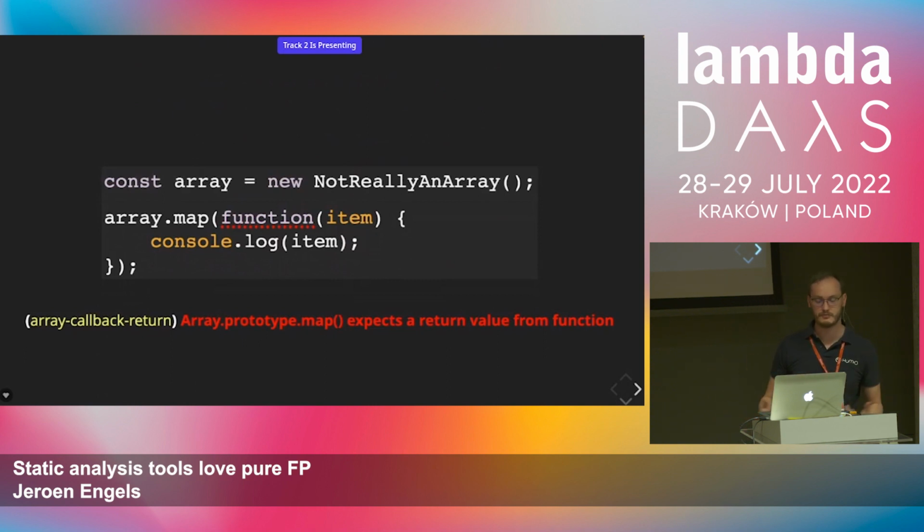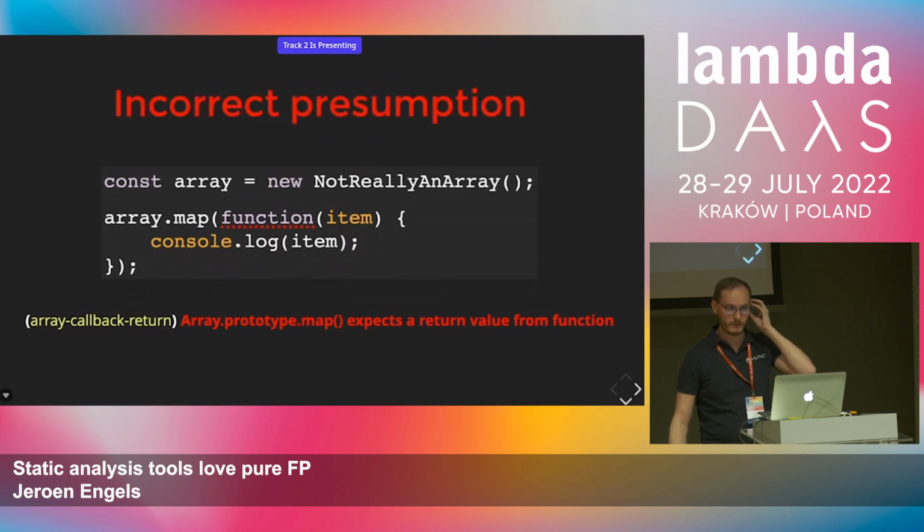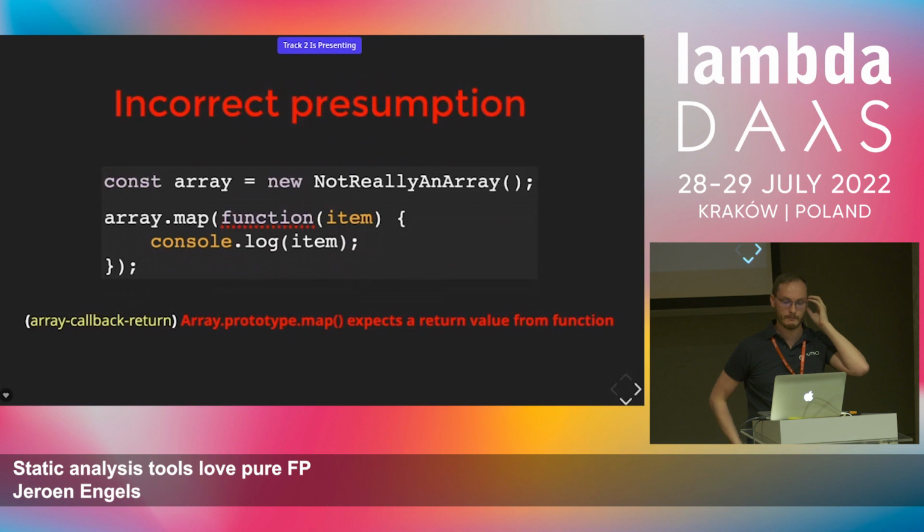Maybe it creates a map, which would be a good name, I'd say. So here, we made an incorrect presumption. Because we don't know what the type of array is, because JavaScript doesn't have type information. TypeScript kind of helps with that. But since we don't have that information, we're going to have to make presumptions, and in 99% of the cases, this is going to be true, this is going to be an array, but not always.